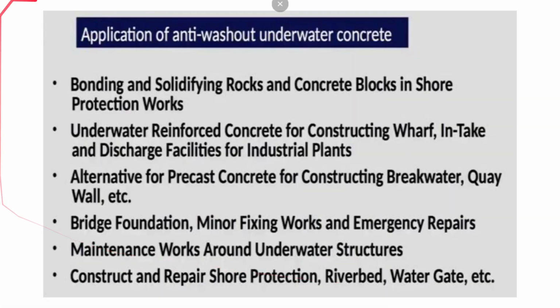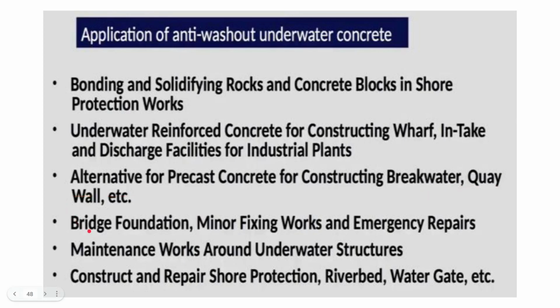So what are the applications of anti-washout concrete? It can be used for bonding and solidifying rocks and concrete blocks in shore protection works. It can be used as underwater reinforced concrete for constructing wharfs, intake and discharge facilities for industrial plants. It can be an alternative to precast concrete for constructing breakwaters, quay walls, etc. A quay wall is basically the dock wall where the ships are tied.